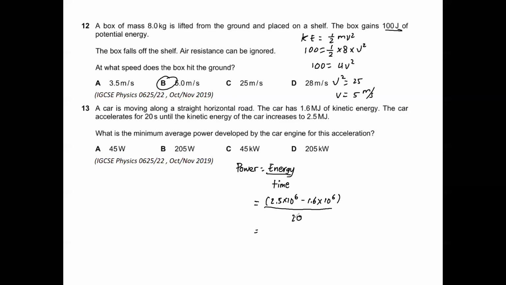So this becomes 0.9 times 10 to the power 6 over 20. The answer is 45,000. We change it into kilo, so 45 kilowatt. Okay. So the answer is C.